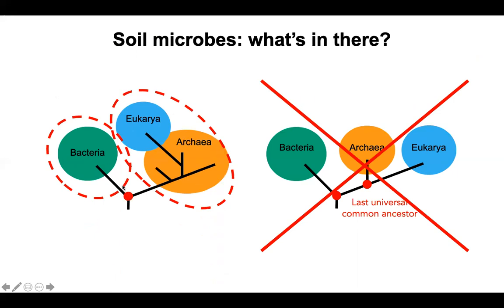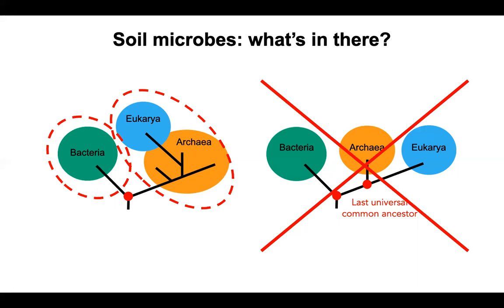And again, they use this last universal common ancestor approach to say there's actually an Archaea here that links these two together, bridging that gap. And that's a soil microbe. If you want to know more about that, take soil microbiology with me next semester and we'll talk all about it.